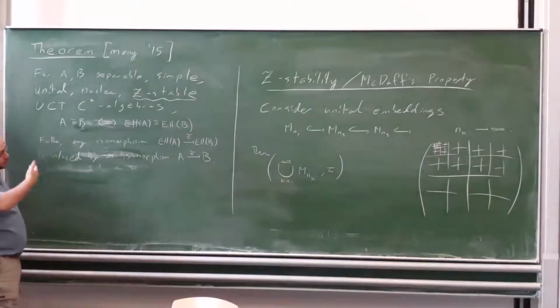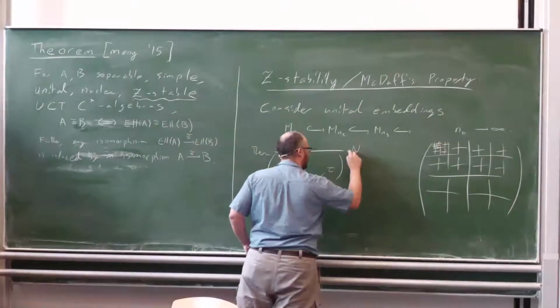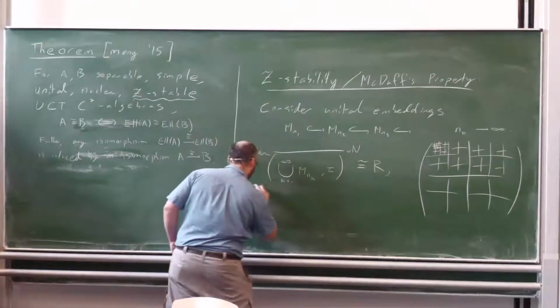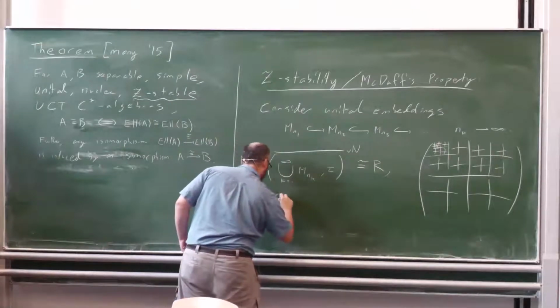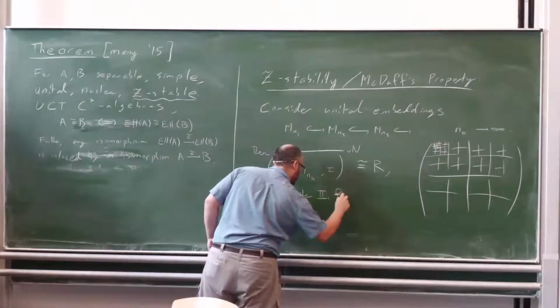And if you take the von Neumann algebra completion with respect to this trace, you get a von Neumann algebra called R, the hyperfinite II_1 factor.